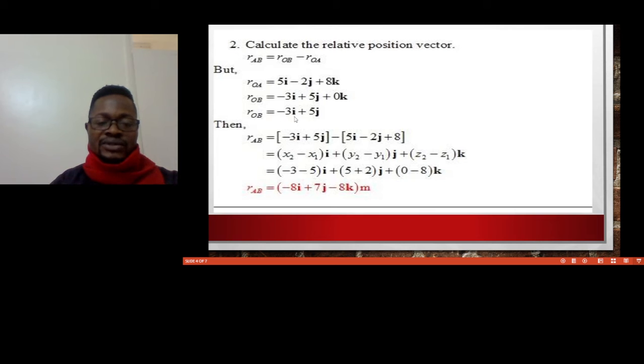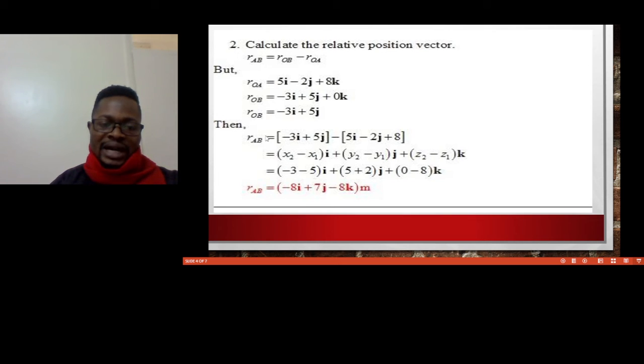So we have -3i plus 5j. Then we can represent this in the form of this equation, where RAB will be given by ROB minus ROA. -3i plus 5j is ROB, and 5i minus 2j plus 8k is ROA.